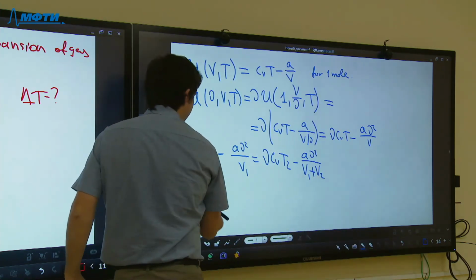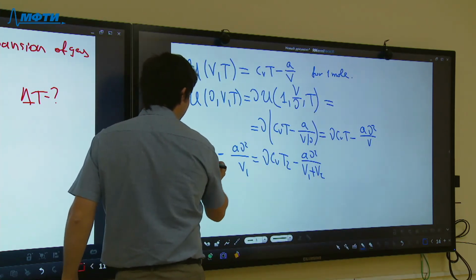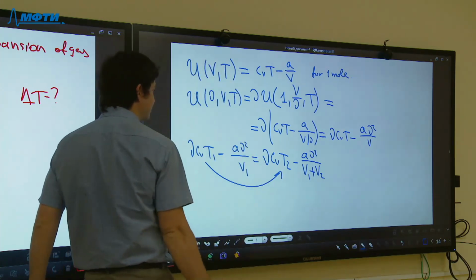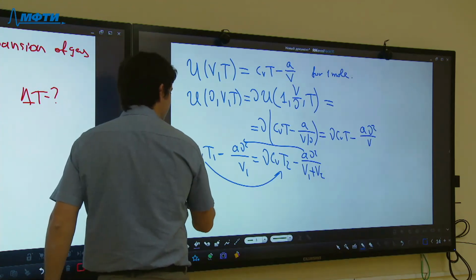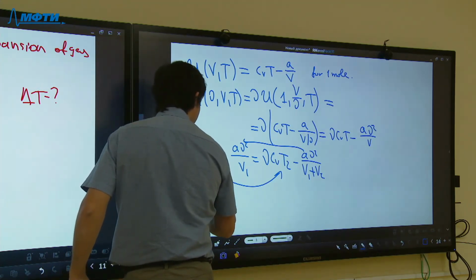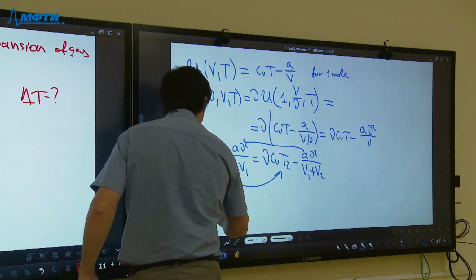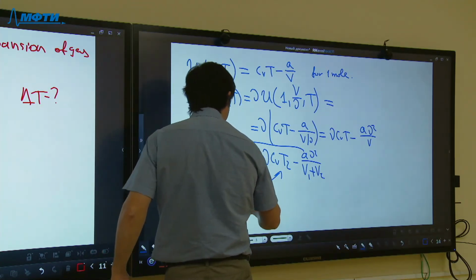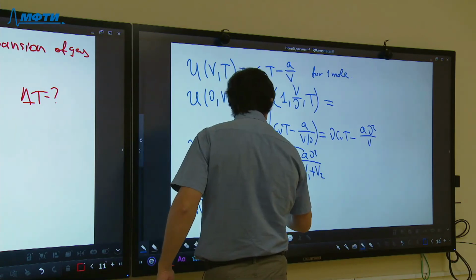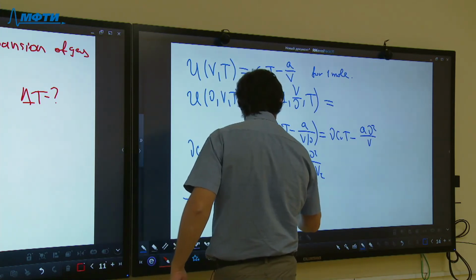Okay, so from this I can determine the temperature change. I need this to get to the right-hand side and this to go to the left-hand side. So that gives me A nu squared over V1 plus V2 minus A nu squared over V1. That would give me nu C_V times T2 minus T1.